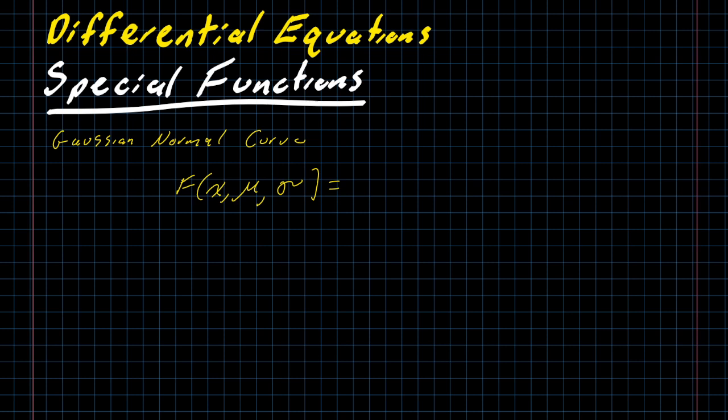And it's calculated as 1 over sigma times the square root of 2 pi times e to the negative x minus mu squared all over 2 sigma squared. You don't really need to know the particulars of this, but I think it's worth mentioning if you've not seen it before. This is the normal distribution that is fundamental in the study of statistics.